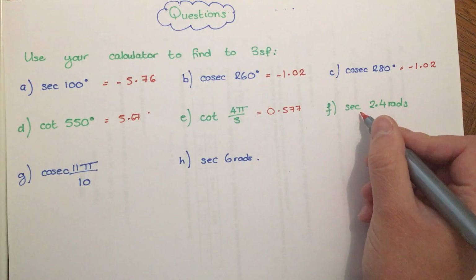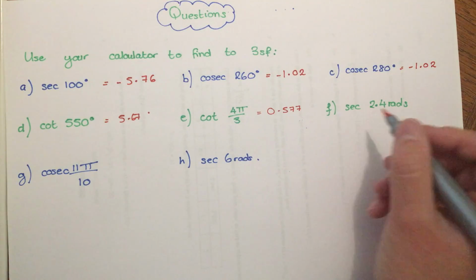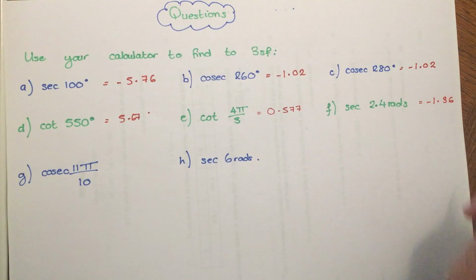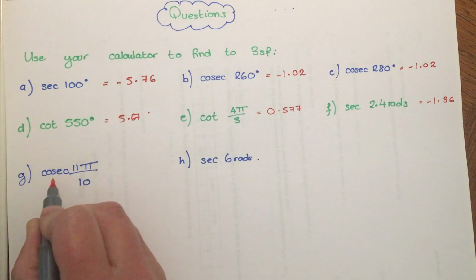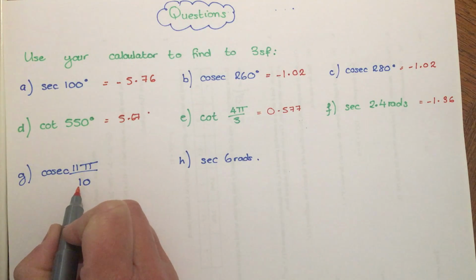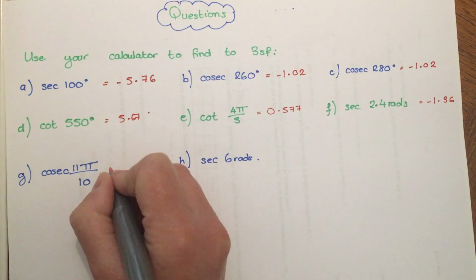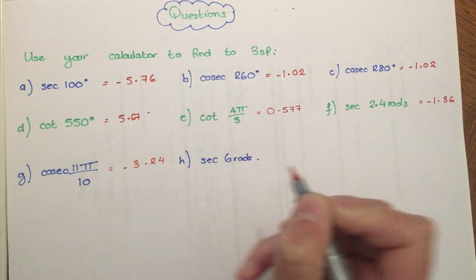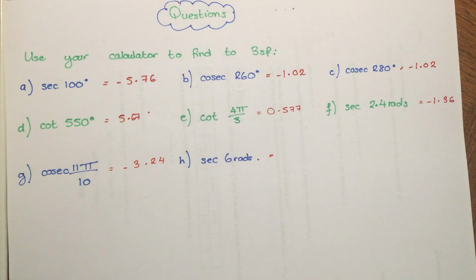This would be 1 over cos 2.4. This would be 1 over sine 11 pi over 10. And this would be 1 over cos 6 radians.